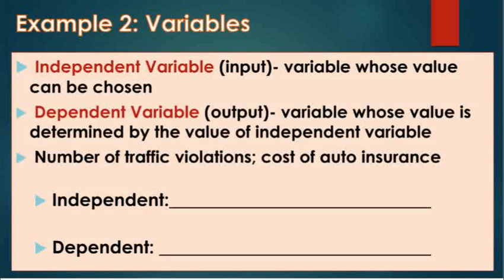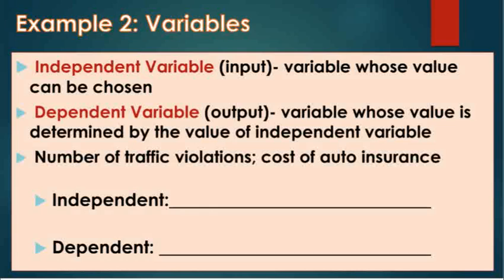So the number of traffic violations and the cost of auto insurance. We want to identify which part is the independent, which one is the dependent. So what affects the other? So the number of traffic violations or the cost of auto insurance.